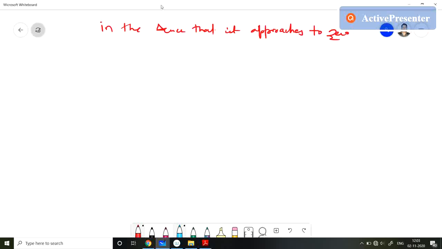Basically it will approach 0 when t tends to infinity.